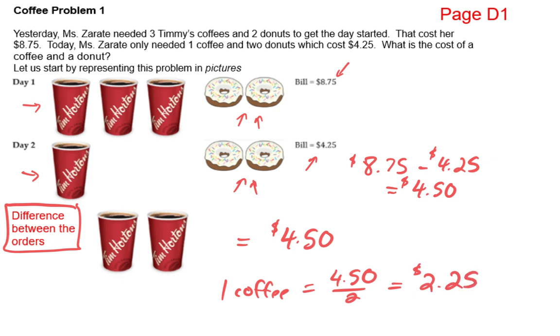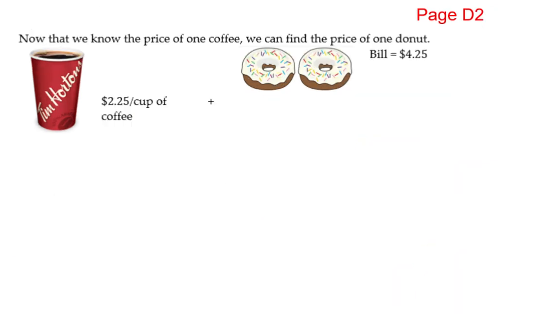Once we know that 1 coffee costs $2.25, we can take a look at this order from day 2 and work out what 1 donut must cost. If it's $2.25 for a cup of coffee and our total bill is $4.25, these 2 donuts must represent whatever isn't made up by the coffee.